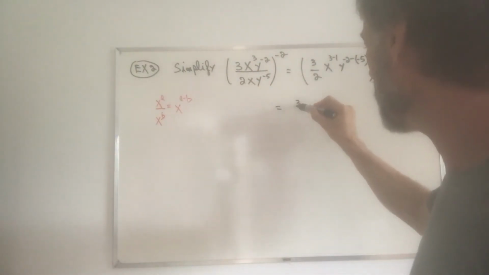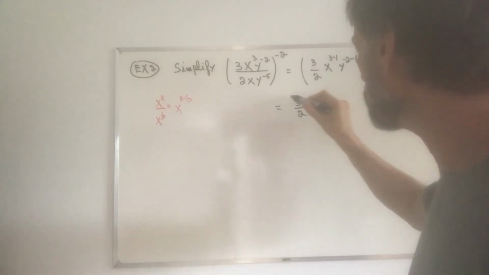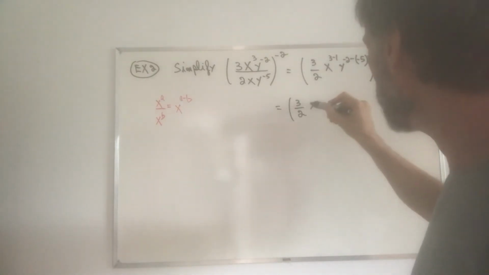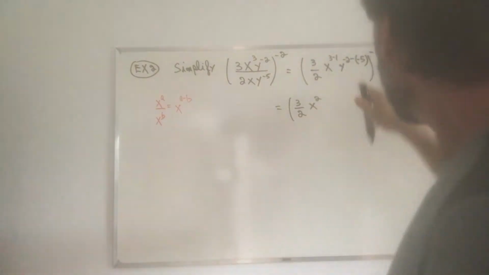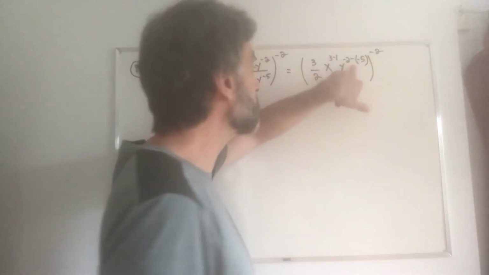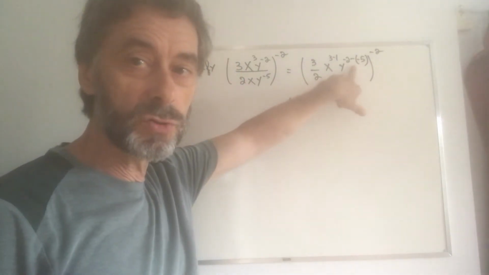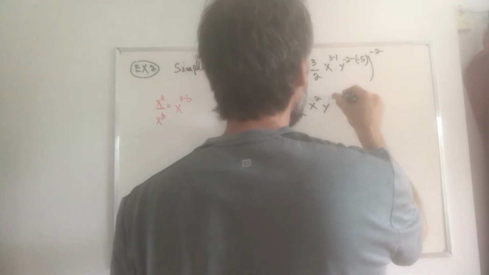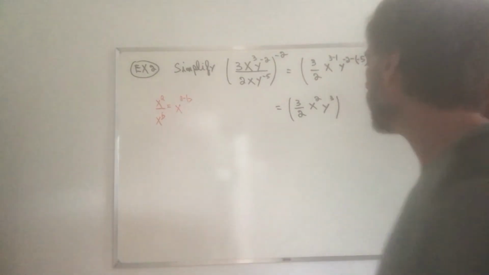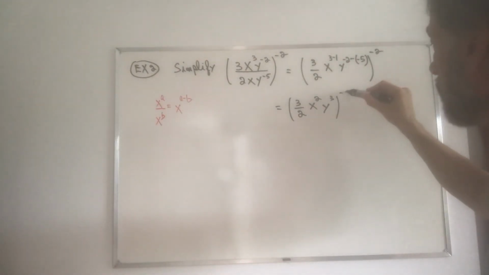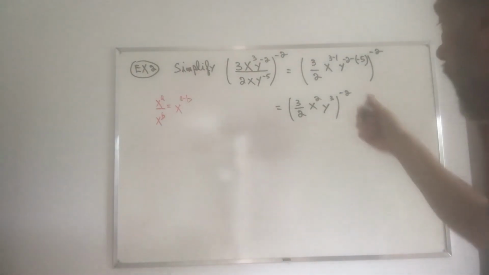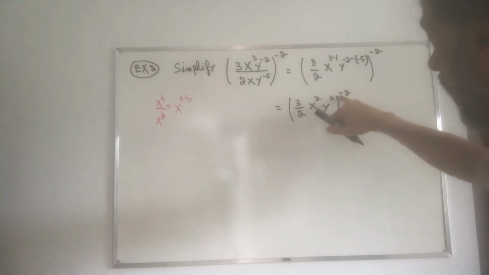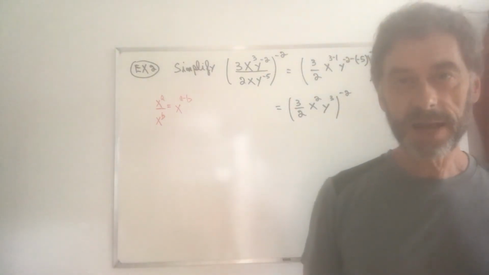Le problème. 3 over 2, that's going to be x to the 2 because 3 minus 1, yes. And what's this guy? Minus 2 minus 5, that's minus 2 plus 5, that would be what? 3. And the inside of the bracket has been completely simplified. Yay!